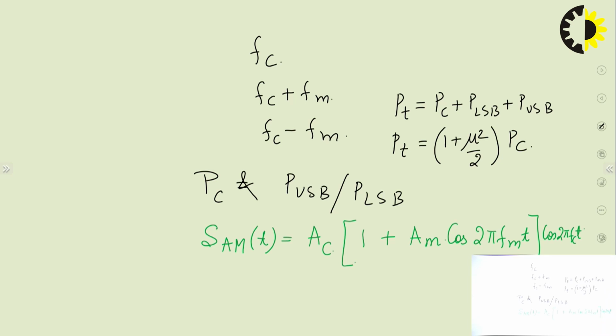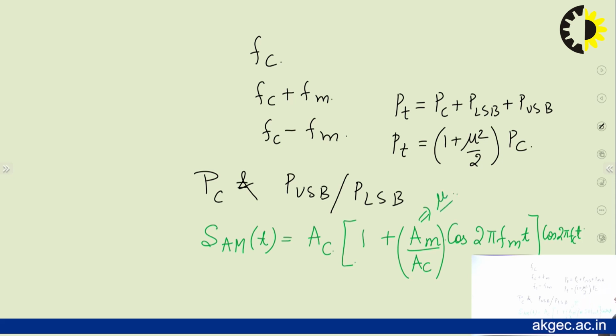This was actually AM by AC, and that was defined as follows. This was the basic expression for the amplitude modulated wave.